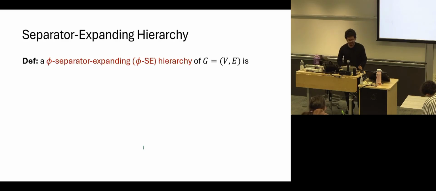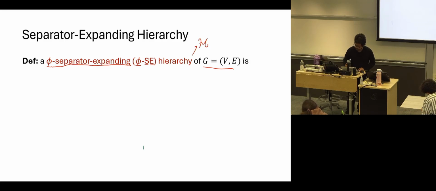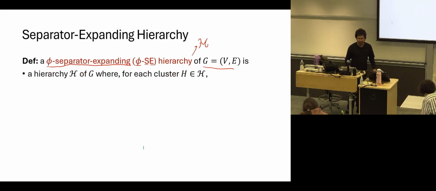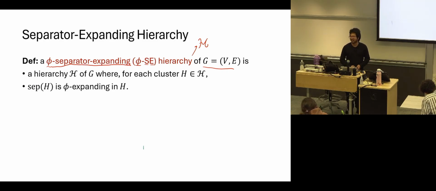Okay. So that's the two concepts that we will look at. Now, I call a phi separator-expanding hierarchy, or phi SE, a hierarchy H of G such that for each cluster, the separator is expanding.